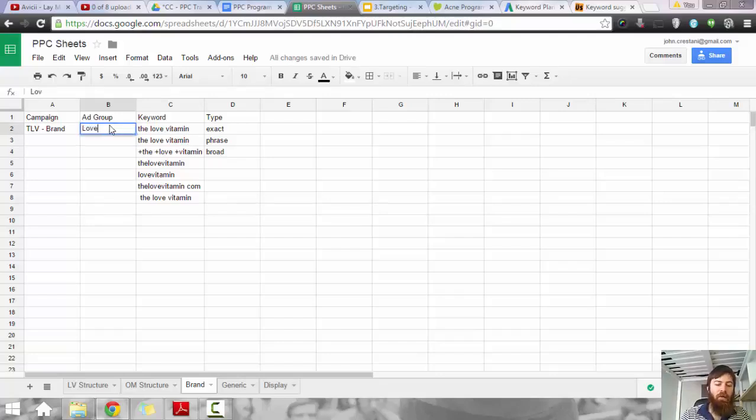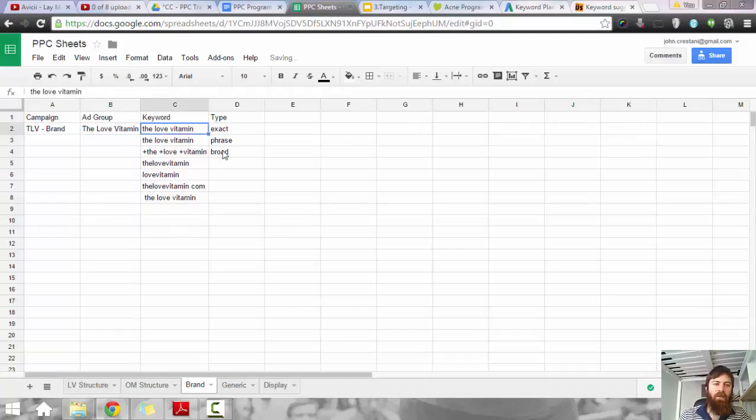I'm just going to name it love vitamin because that describes the root keyword in the ad group. Makes sense? Love vitamin. Because this is a brand campaign, I'm just going to make the rest of these phrase.